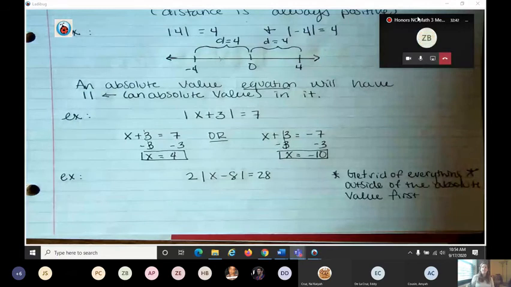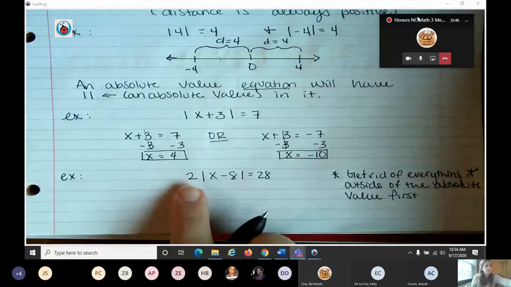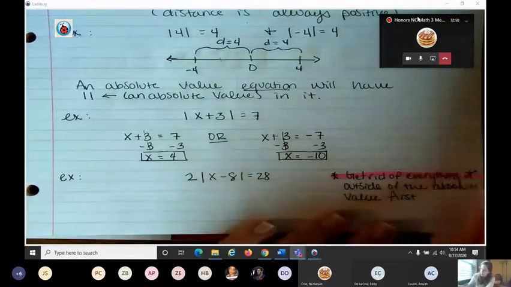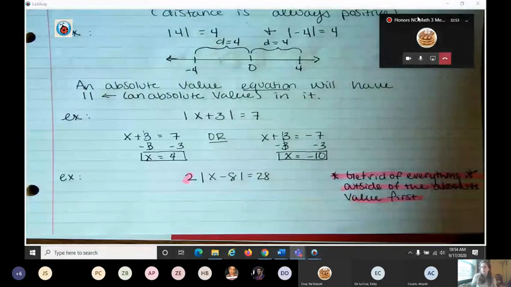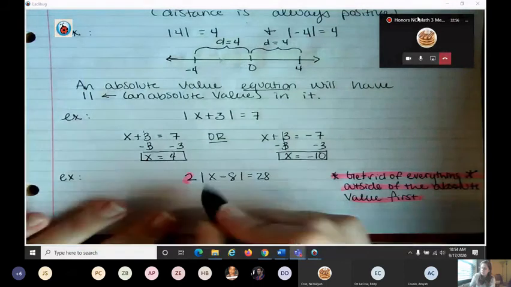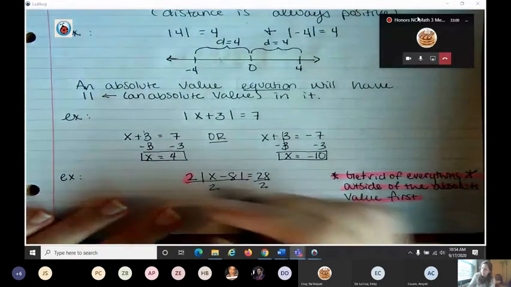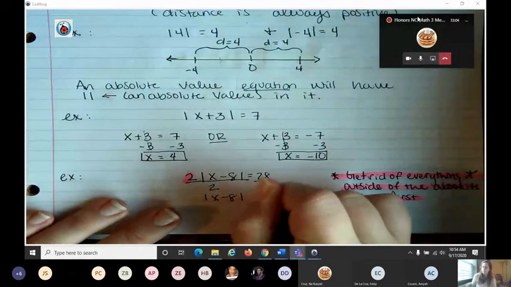The thing that's on the outside of the absolute value is this 2. So we need to get rid of this 2. To get rid of this 2, I'm going to divide both sides by 2. And I should get the absolute value of x minus 8 is equal to 14.